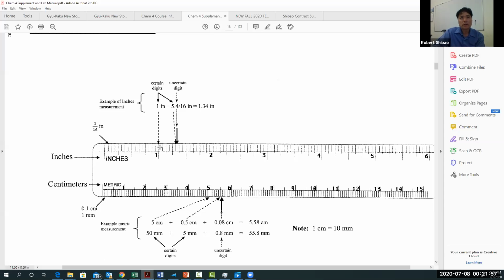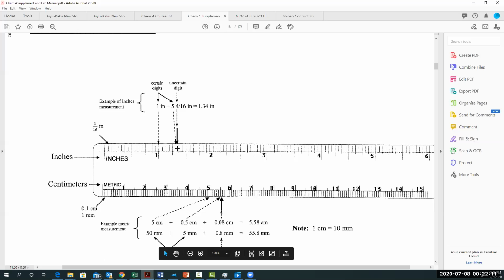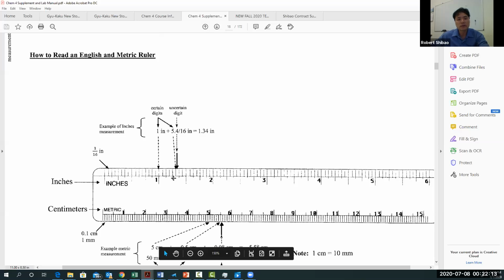When I look at the inch scale here, it's not so easy. Here we have it in tens. It's a bit more difficult to measure, but still, it's not bad. Let's take a look at this measurement here.